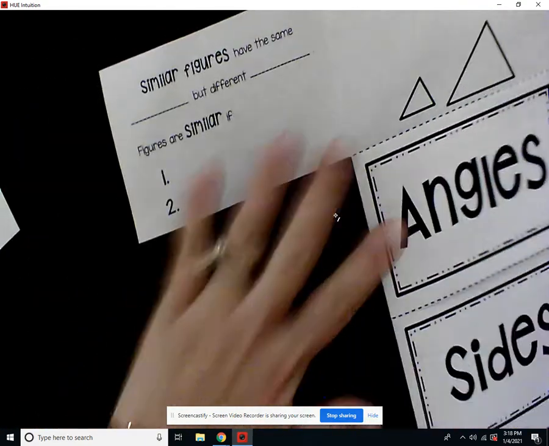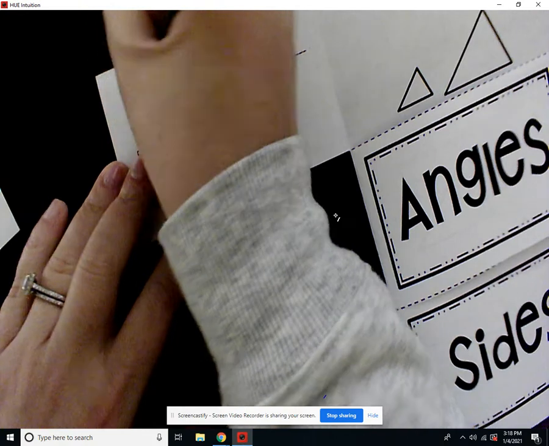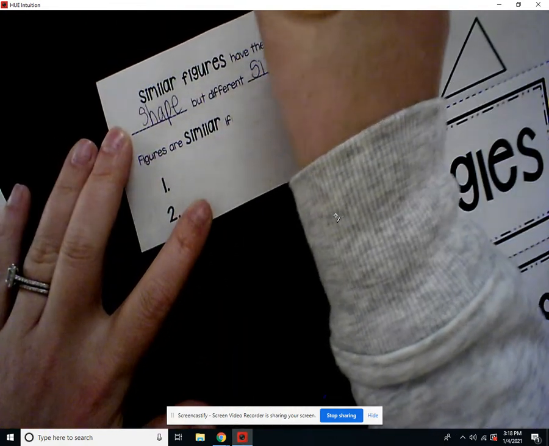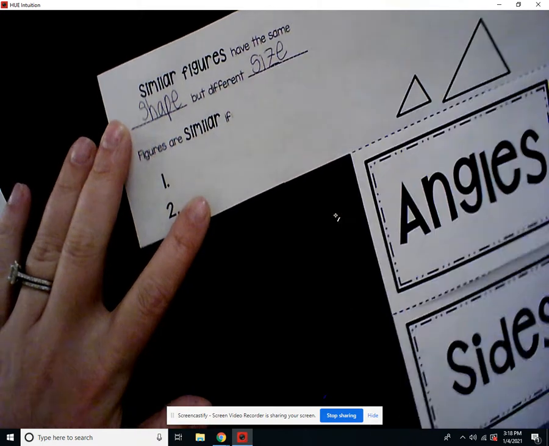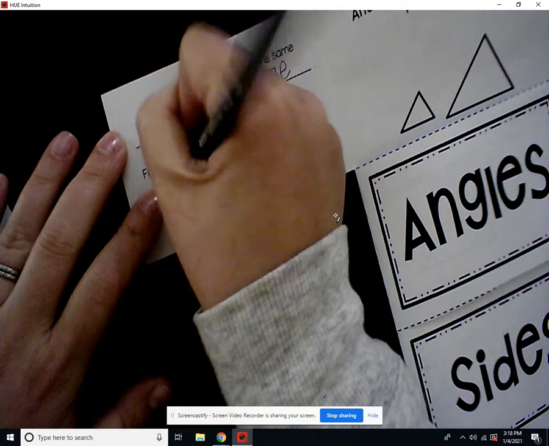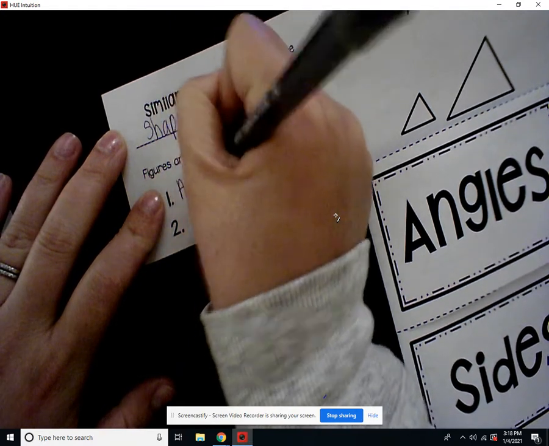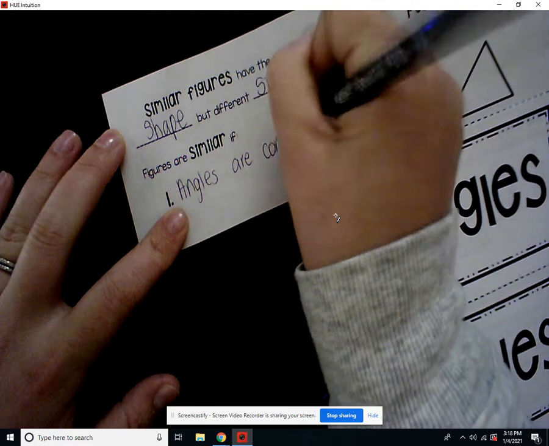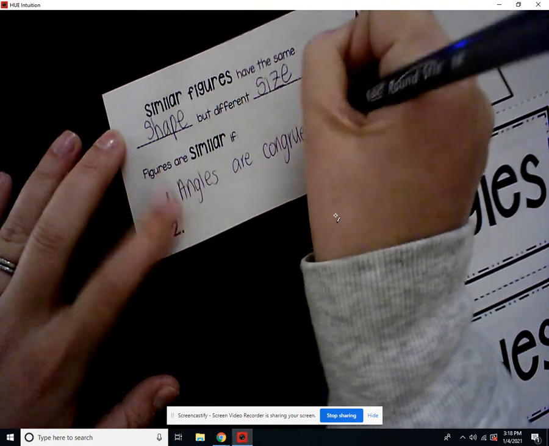Similar figures have the same shape, but different sizes. Figures are similar if angles are congruent. So remember, congruent just means the exact same.